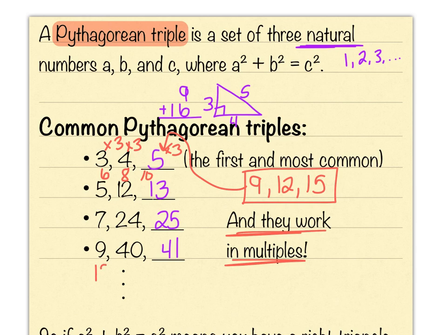Or if I did an 18, 80, and 82, if I can do my math right, that would be multiplying all these by 2, so that would be a Pythagorean triple as well. So the Pythagorean triples work in multiples, and there's a very long list of them. So if you're ever asked about, is this a Pythagorean triple? Well, if it satisfies the Pythagorean theorem and you're using natural numbers, then yes, it is. If it uses decimals or fractions, then no, it's not.